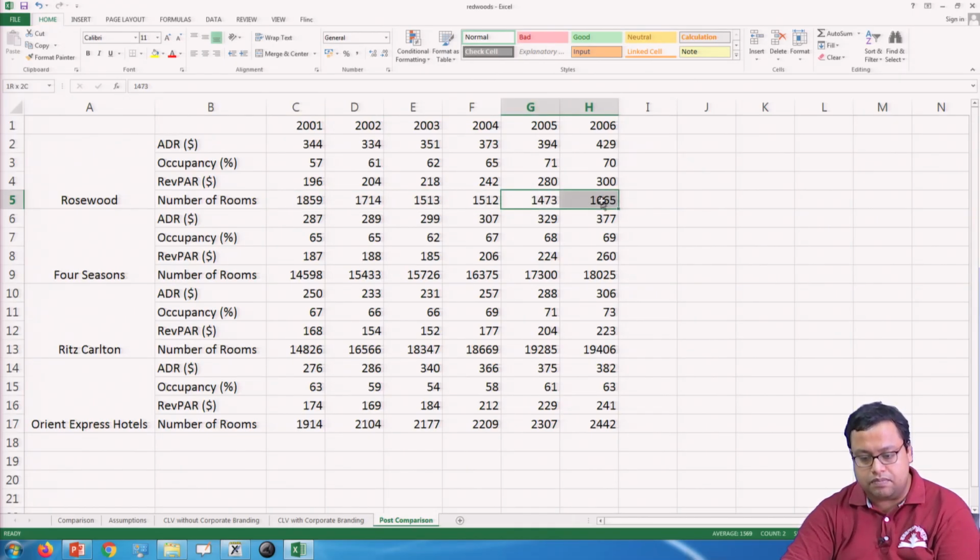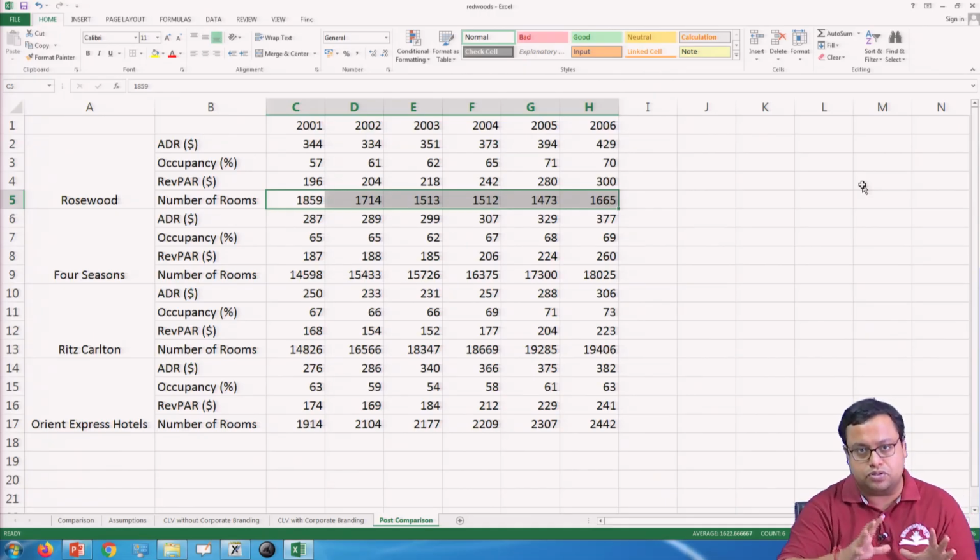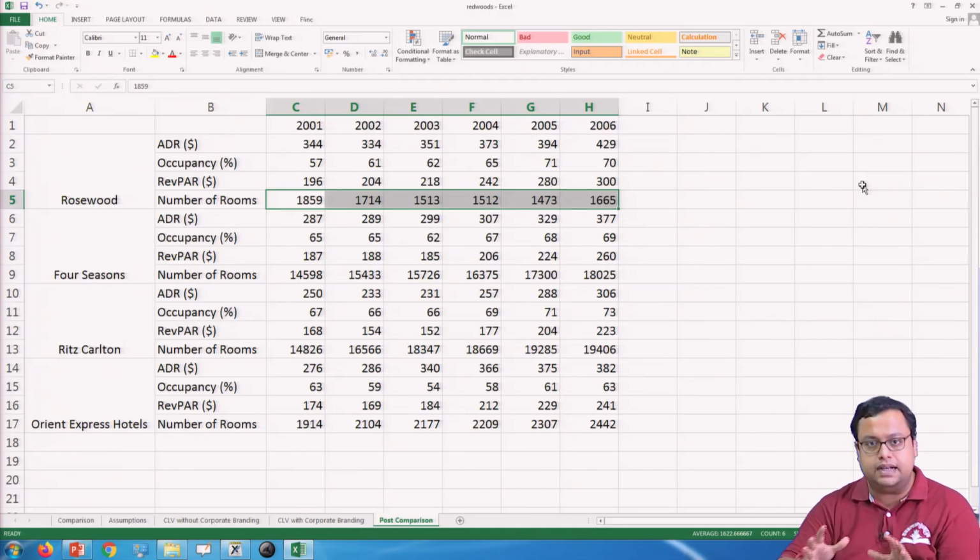So, it slowly came down, and after some time it again increased a little bit, but this was a good scenario. Ultimately what I wanted to show you is that they did corporate branding, and corporate branding worked. Even with a higher ADR, they could have a higher occupancy rate in Rosewood, and cross multi-property visits went up, cross property sales went up, the overall Rosewood branding went up.